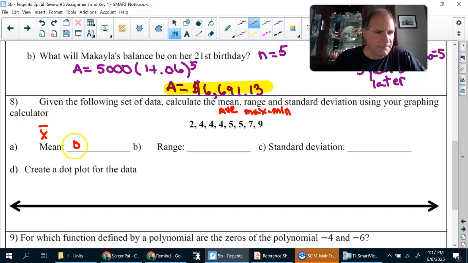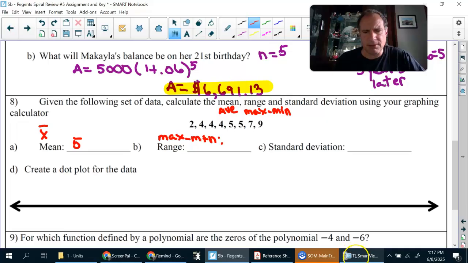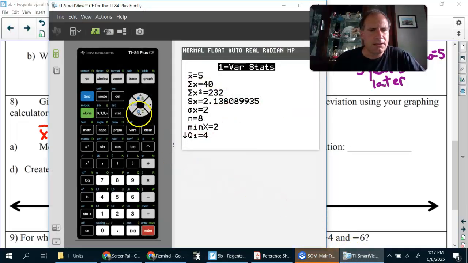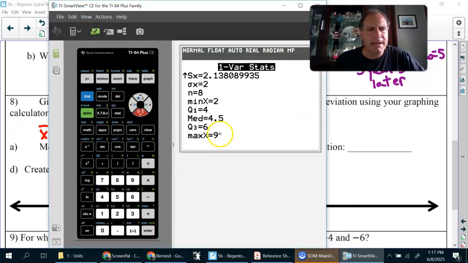It is 5. The range is the max minus the min. Let me bring the calculator back up again. The min is 2. The max is 9.